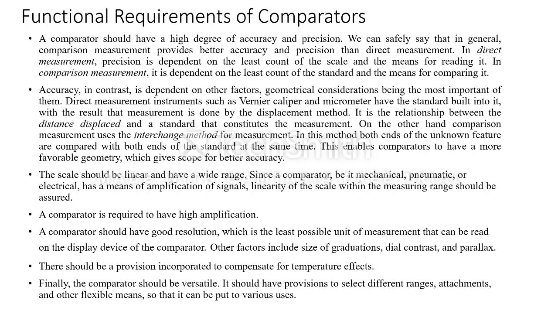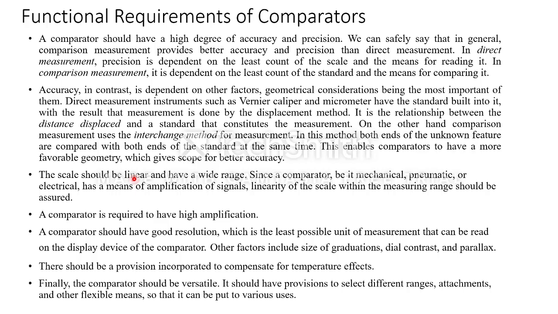Here you can see the interchange method in comparators and the distance displacement method in linear measuring devices like vernier calipers and micrometers. Moreover, the scale you are using in a comparator should be linear and should have a wide range of measurement.